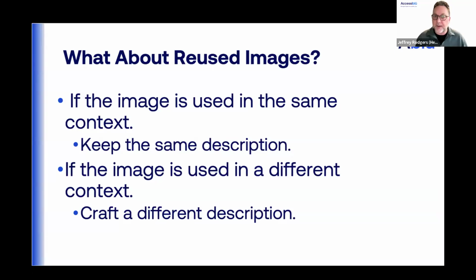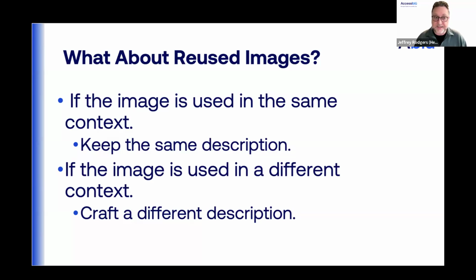Really quick, I'm just going to talk about reused images. In my experience in academia, one of the questions I got asked a lot is, okay, I have an image that I'm using in my lesson in context and some sort of information for my students, but then I'm going to reuse that image later on, maybe in an assessment or in another part of a lesson.